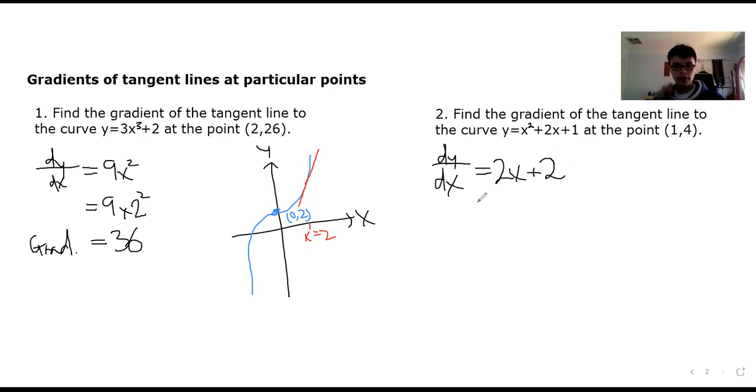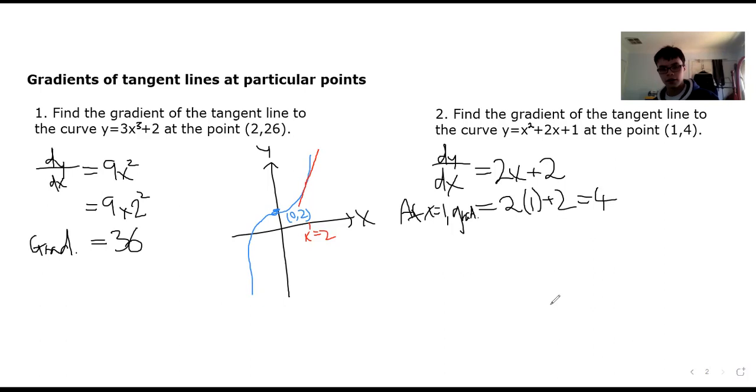Then substituting x equals 1, we get 2 times 1 plus 2, and it's just going to equal 4.